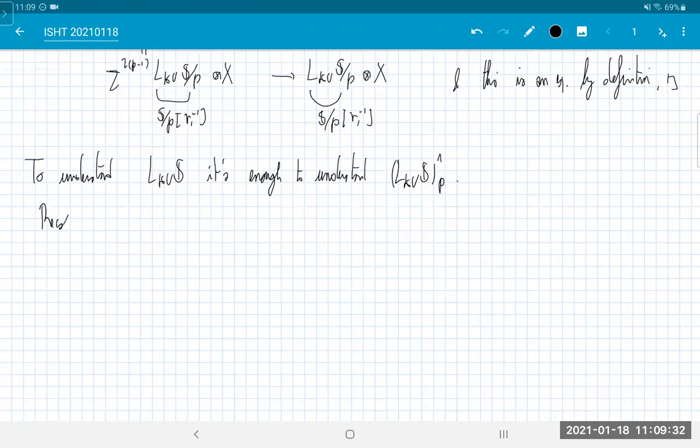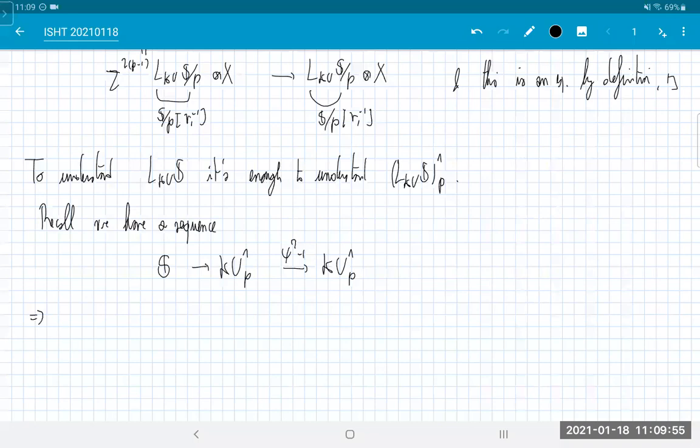So recall, we have a sequence, by which I mean a pair of composable maps plus a null homotopy of their composition: S → KU_p^ → (ψ^r − 1) → KU_p^. And the fiber in particular is both KU local and p-complete. So, I recall this was L_KU/p of the sphere, by the way.